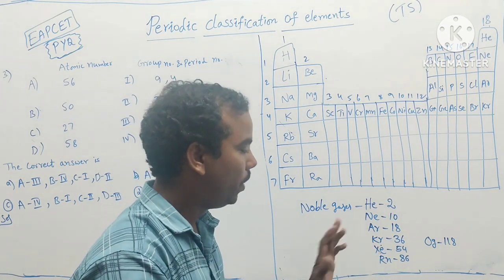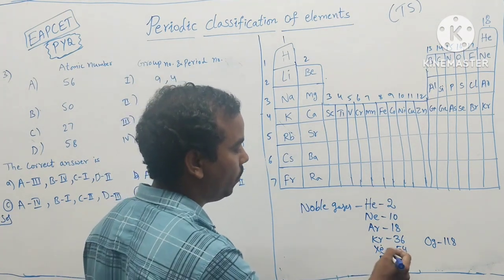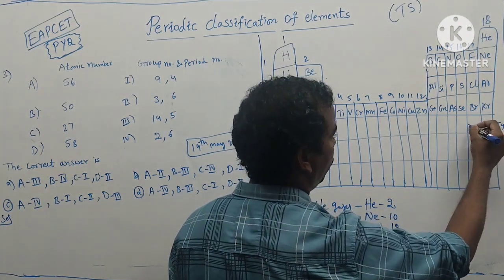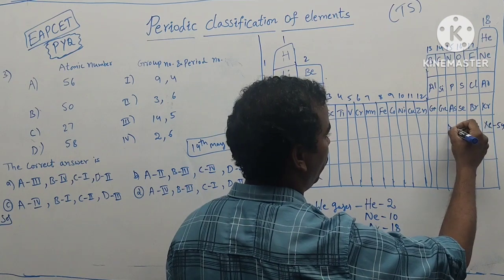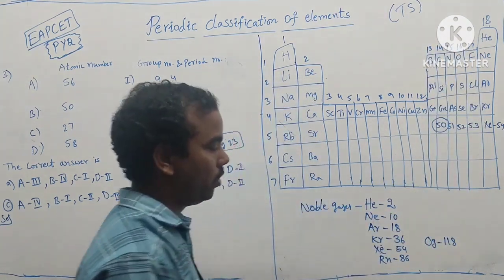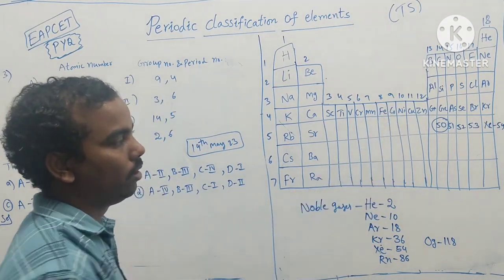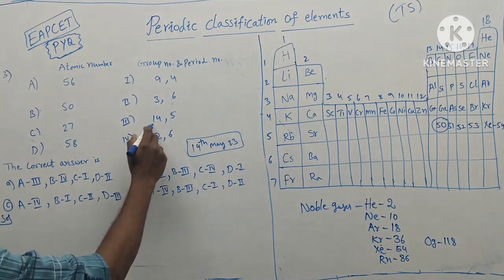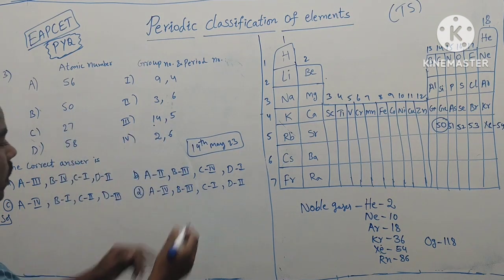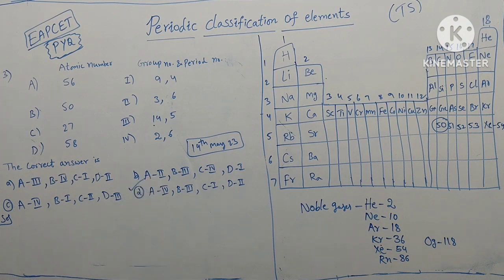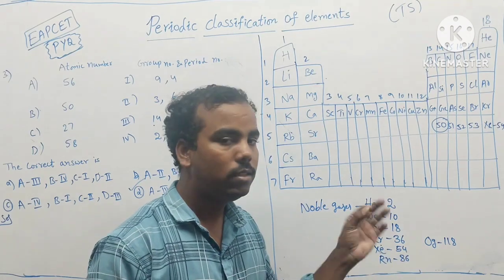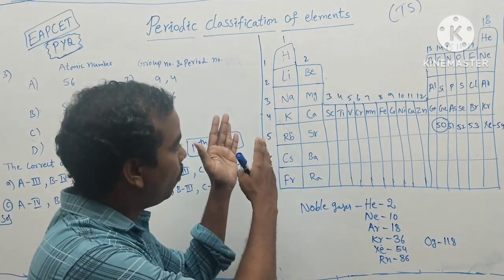That means the fifth period. And which group? If xenon is 54, then 53, 52, 51, 50, so it belongs to the 14th group. So 14th group and 5th period. So B is 3, B3. So the answer is D. Like that, if you know the noble gas atomic numbers, you can easily find the remaining elements.